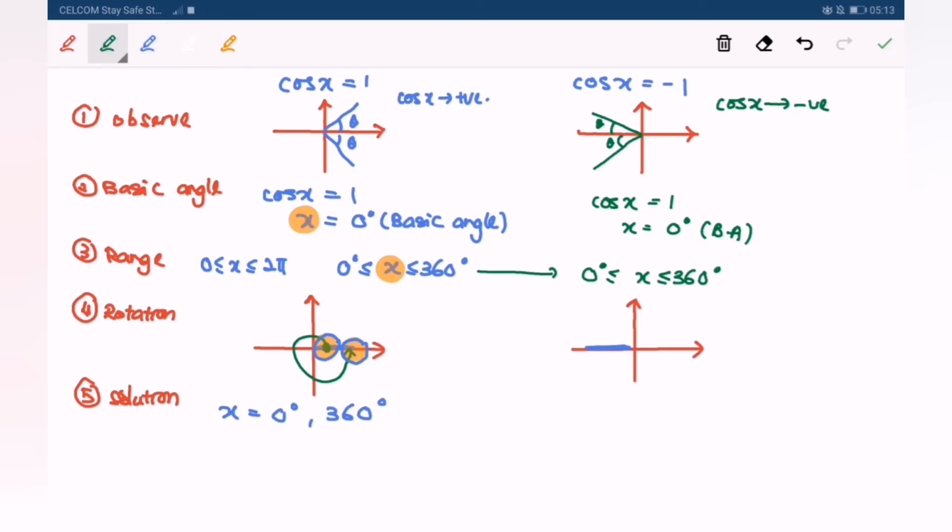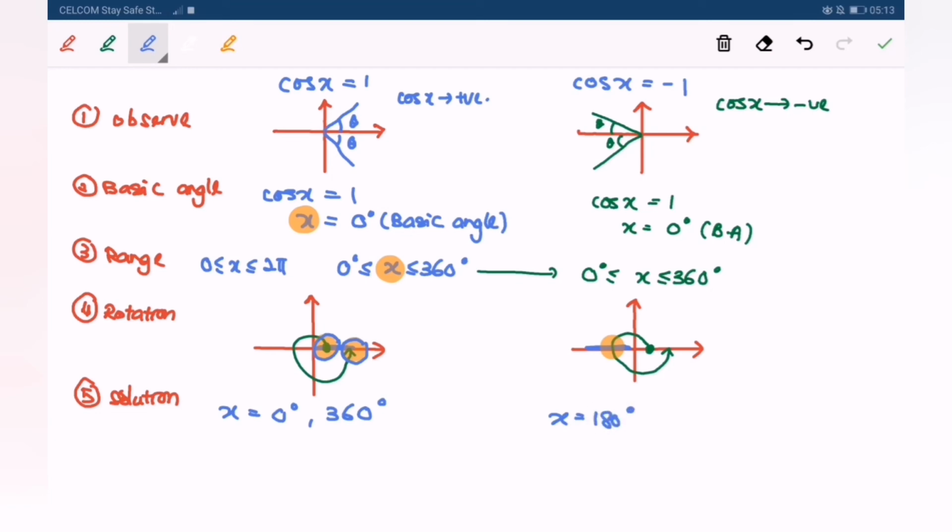Next, we have the rotation, meaning that the range starts from 0 until 360. So we have only one intersection. Finally, we have the solution, and the answer will be x is equals to 180 degree.